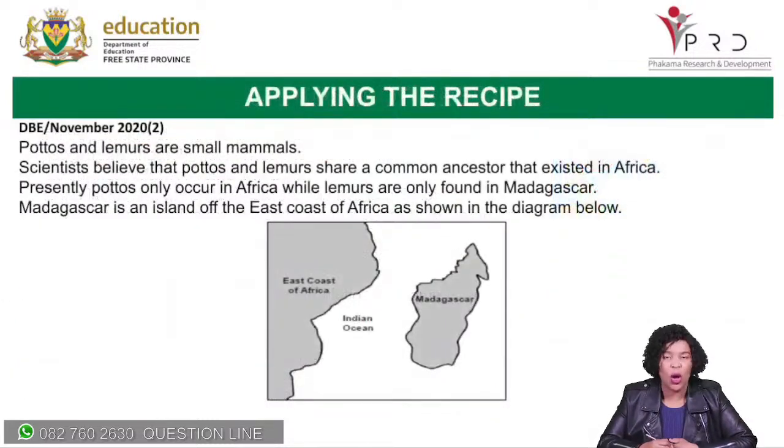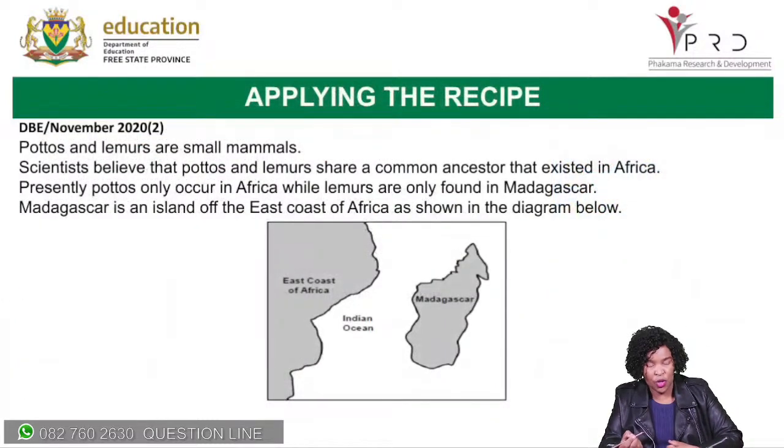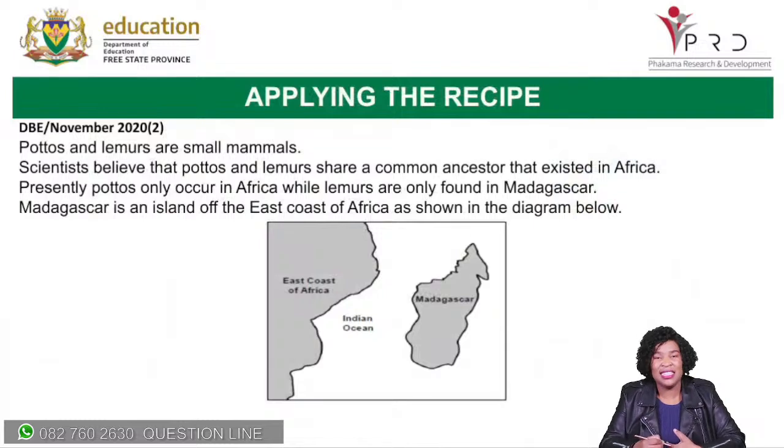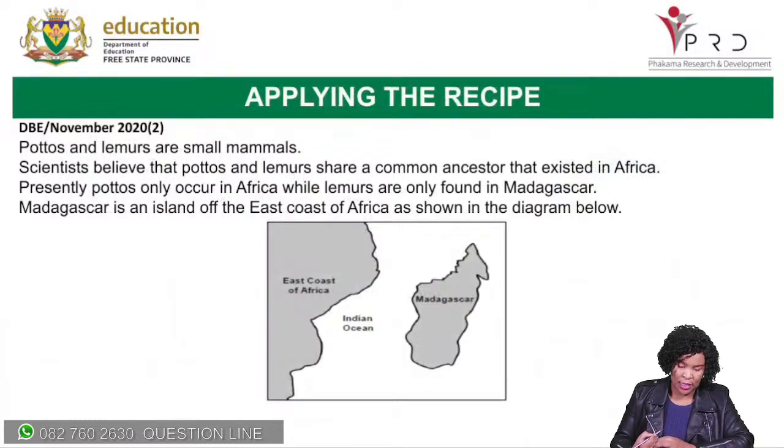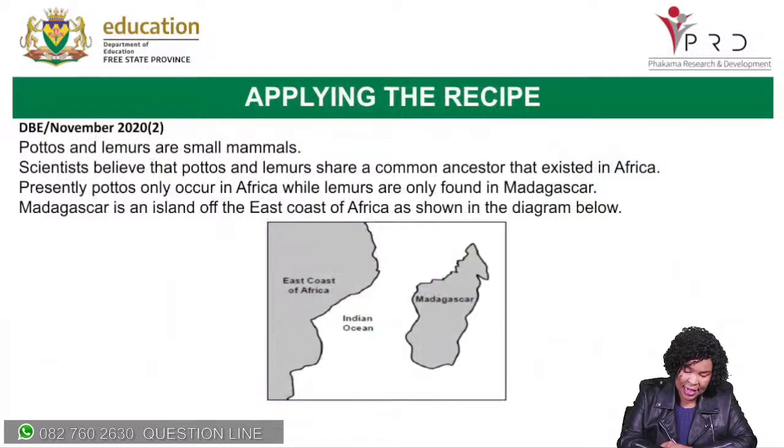For you to be able to understand this, you need to apply the recipe. When you get a question, you must be able to answer. So let us take a look at this question that was taken from the DBE final examination of 2020. It says that potos and lemurs are small mammals.